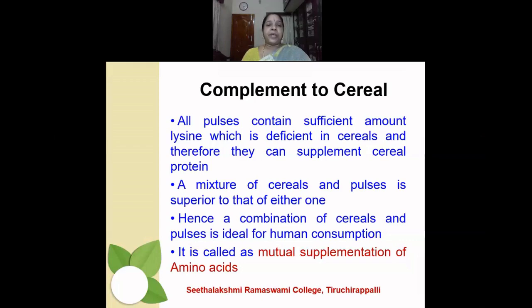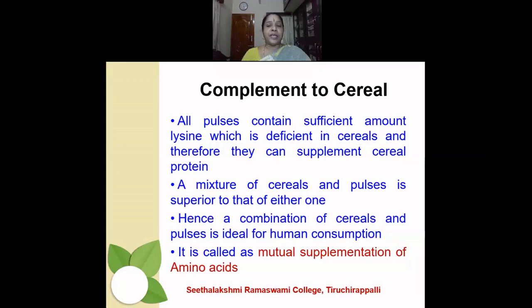And similarly, the pulses are a poor source of methionine, and cereals are a rich source of methionine. So the amino acid that is absent in the cereal is present in the pulses, and the amino acid that is present in the pulses is absent in the cereals.